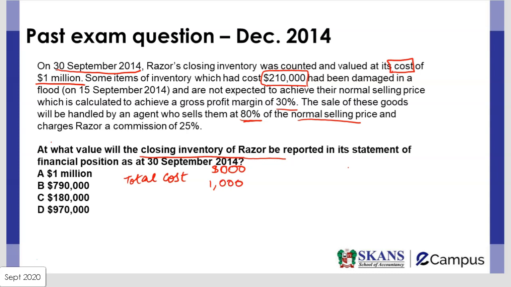Now I have to do an analysis of lower of cost or NRV for the problematic item. The problematic item has a cost of 210 and I need to calculate its NRV. I will calculate the NRV separately. Step number 1, we need to have the estimated selling price.